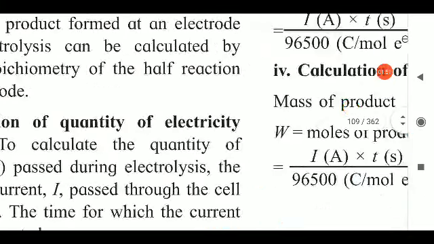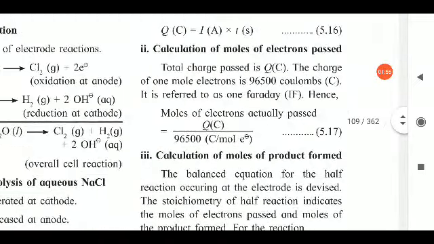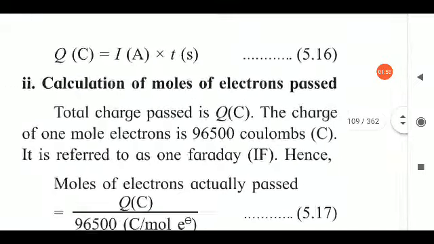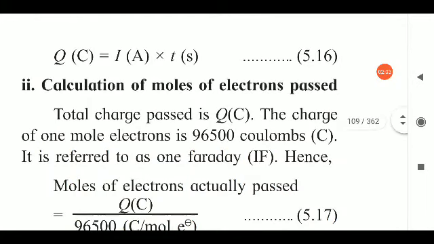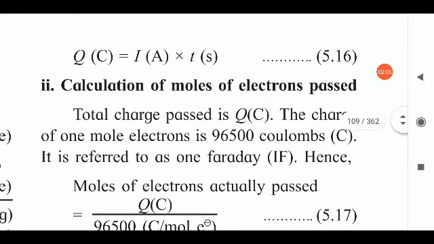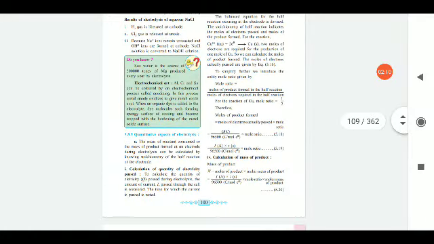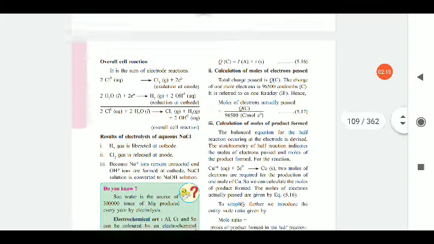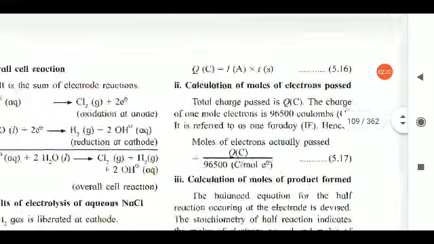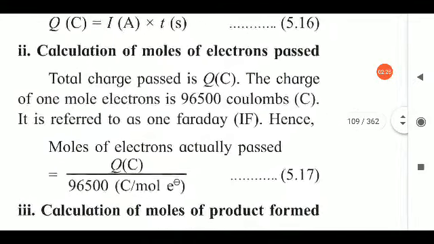Then, by knowing these quantities, we use the formula Q = I × t, equation 5.6, which gives the amount of electricity that passed during the electrolysis. And by measuring this we can calculate the moles of electrons actually passed through it.